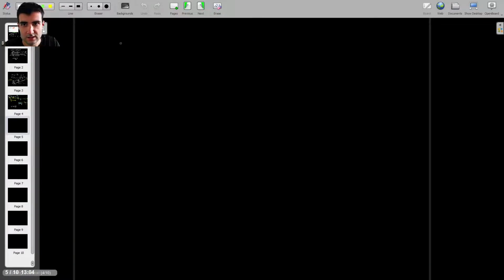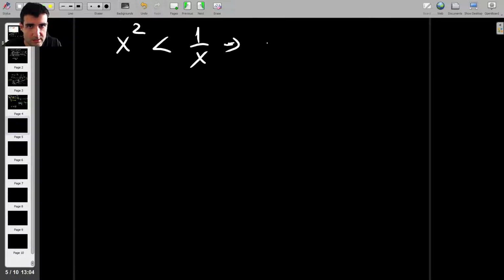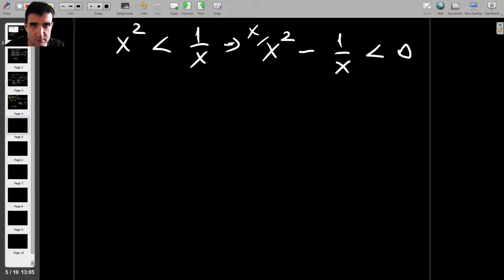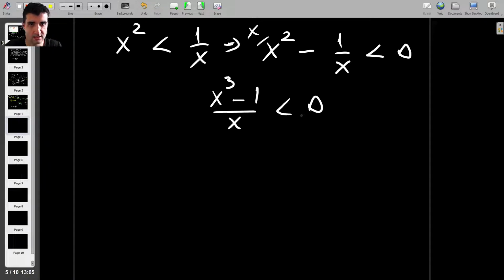So let's try that. So we have x squared less than 1 over x, and this gives x squared minus 1 over x less than 0. We're going to bring everything to the same denominator, so we have x cubed minus 1 over x is less than 0.